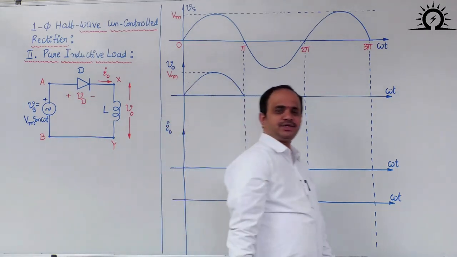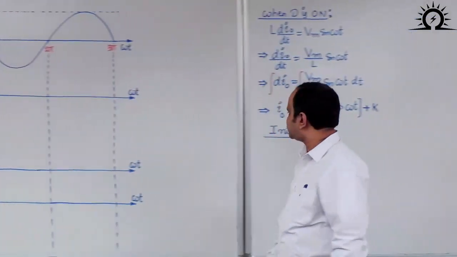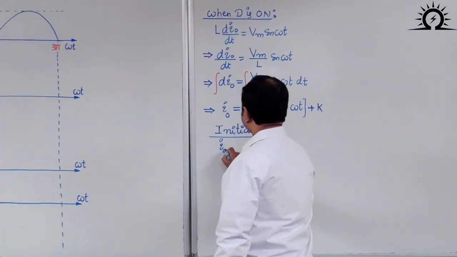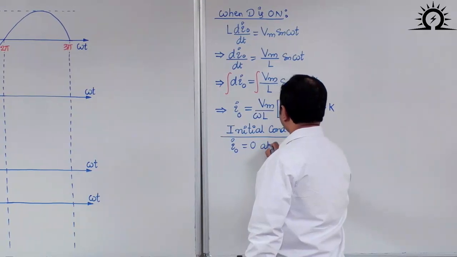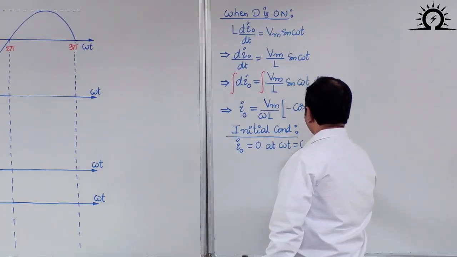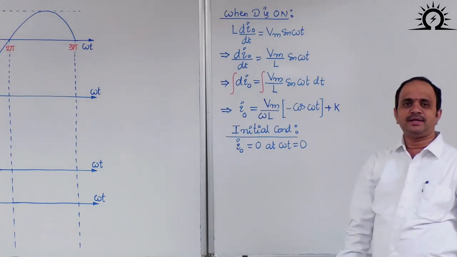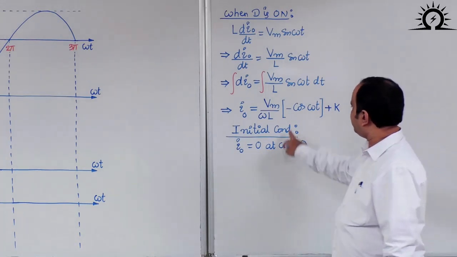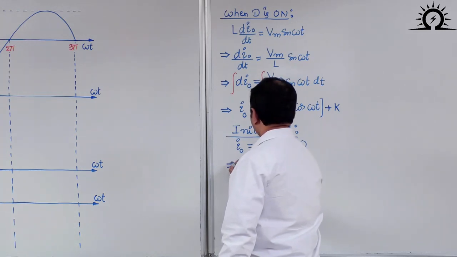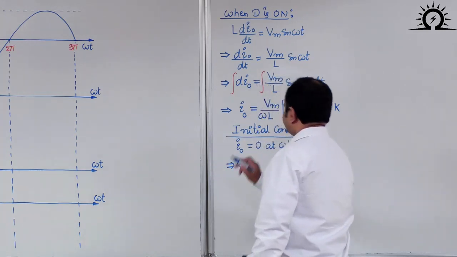So the initial condition can be expressed as I naught is equal to 0 at omega t is equal to 0. Therefore, by using the above equation, apply this initial condition.